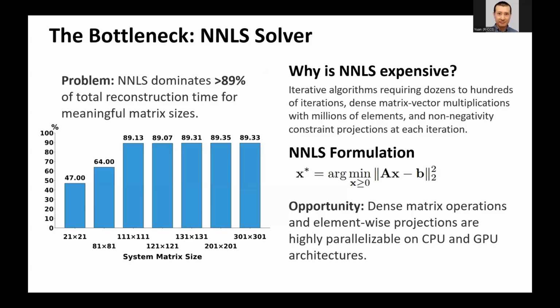However, there are also opportunities here. These dense matrix operations and element-wise projections are highly parallelizable on both CPU and GPU architectures. So this motivates our work on hardware acceleration for the application.